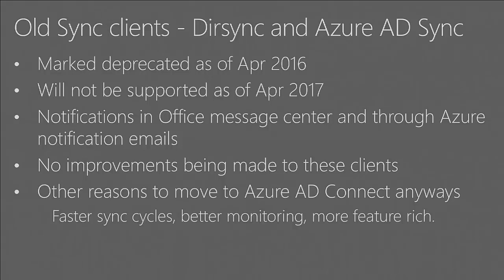But it's not only because of this deprecation notice that you ought to be thinking about upgrading to Azure AD Connect. Azure AD Connect is the one tool set that we're going to focus our innovation on going forward. So a lot of the capabilities that Andreas and Ross will talk about today are actually being delivered only in Azure AD Connect. So if you want all those goodies, you need to transition to Azure AD Connect.